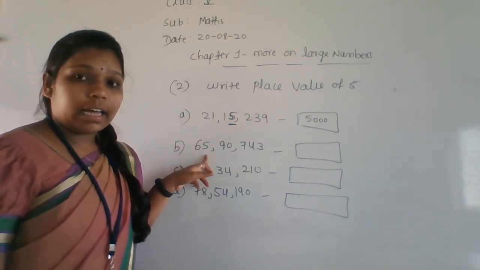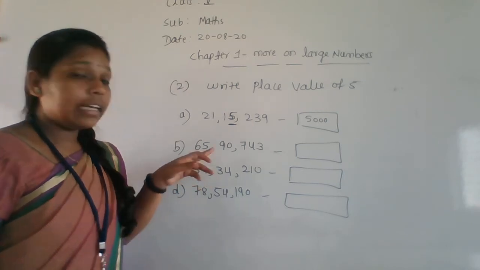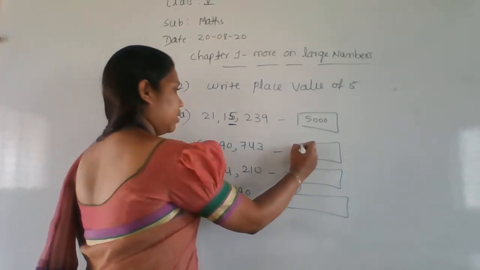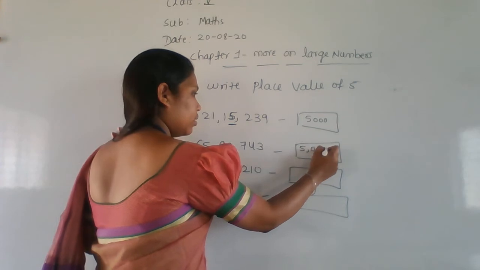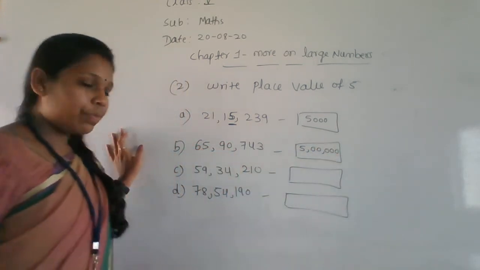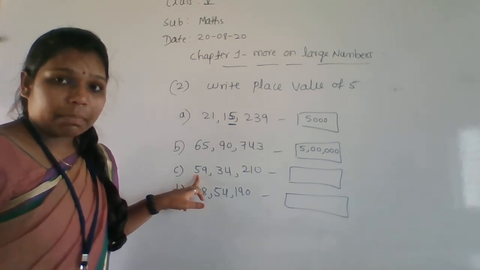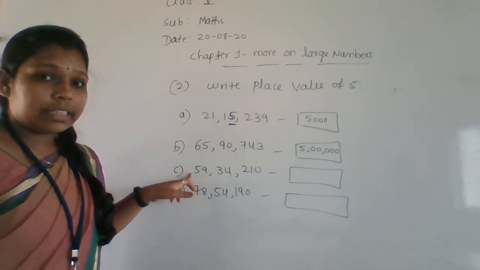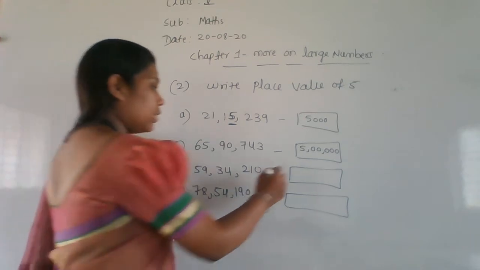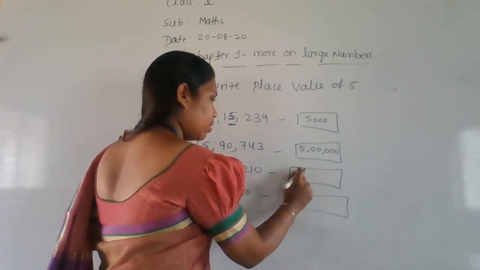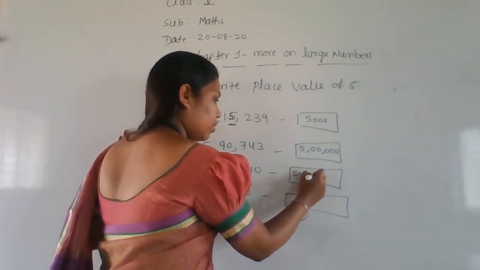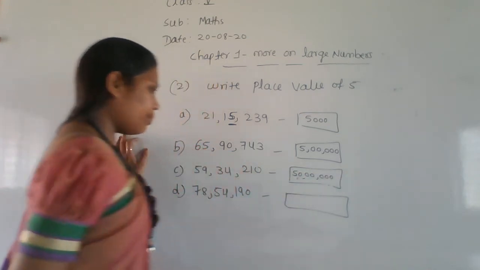The 5 is in a lakhs place. Okay, you have to write the 5 lakh here. That is the 5 lakh. Okay. So next, in seat number 5 is in a 10 lakh place. 10 lakh place means you have to write the 50 lakh. Okay, that is here 50 lakh. Okay.